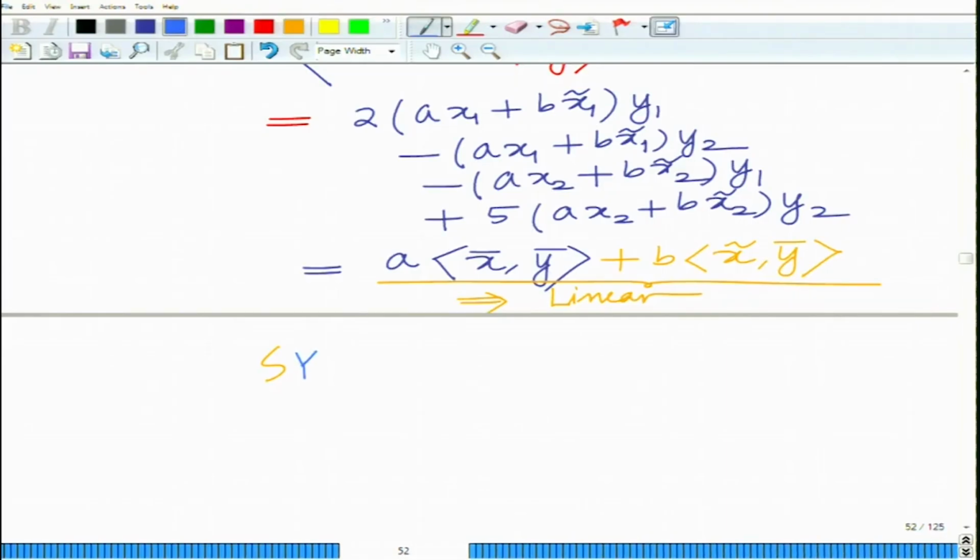Now, let us look at the symmetric property, and this can be shown as follows.